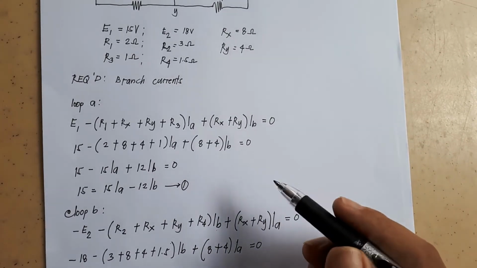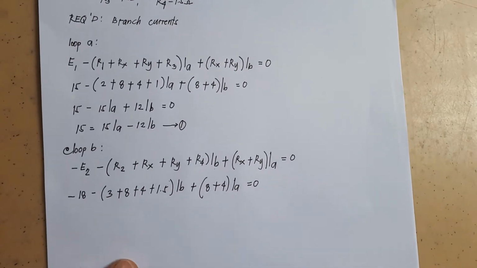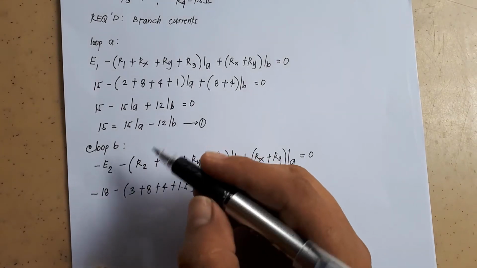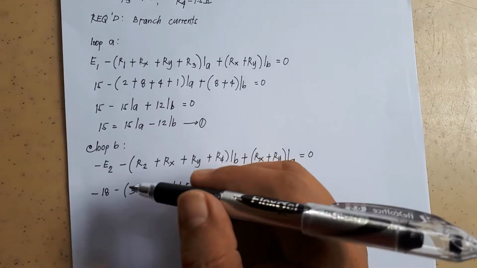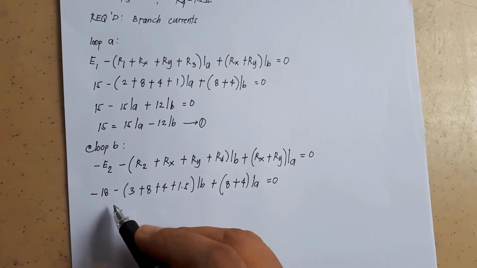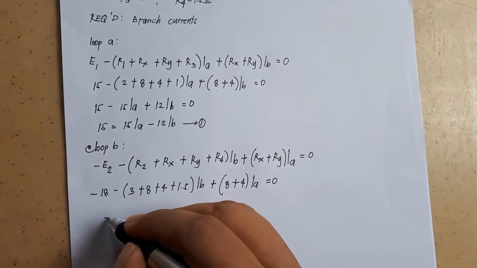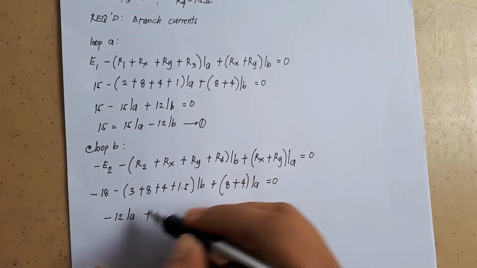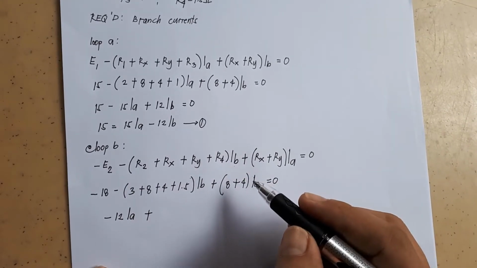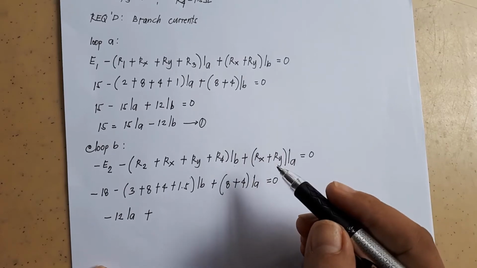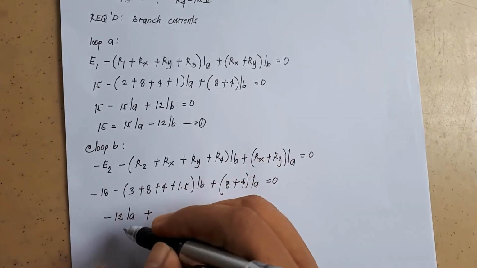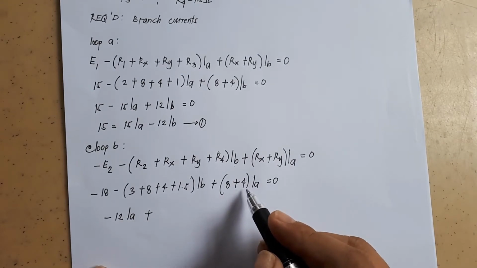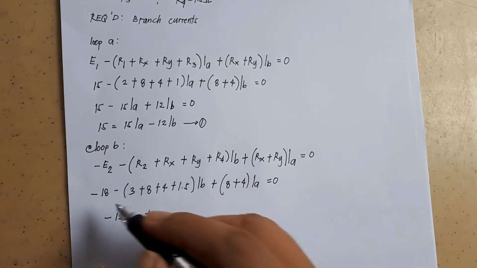So when we simplify this, we obtain negative 12 IA plus... for the meantime, we will just consider here the IA, which is positive.